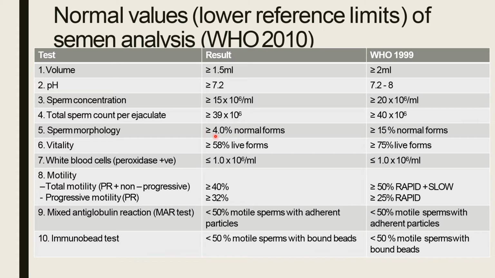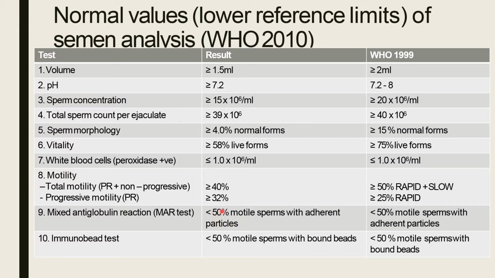Sperm morphology should be equal to or greater than 4% normal sperm. Vitality, or living sperm, should be equal to or more than 58% live sperm, and white blood cells should be less than or equal to 1 million per ml. The total motility should be 40% or greater, and progressive motile sperm should be equal to or greater than 32% of the total.